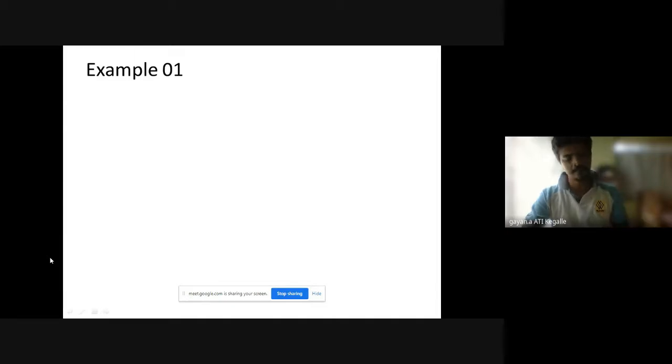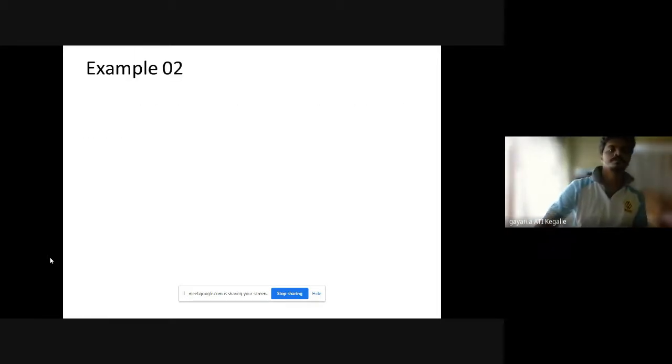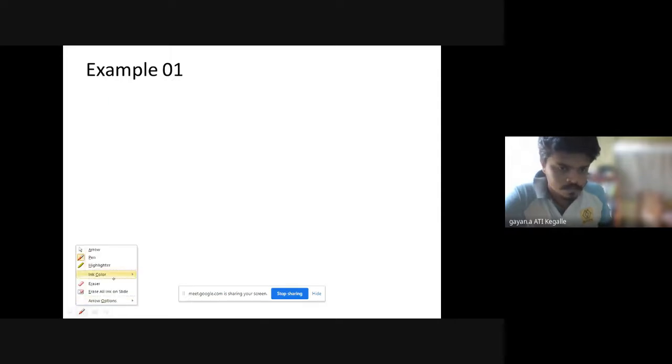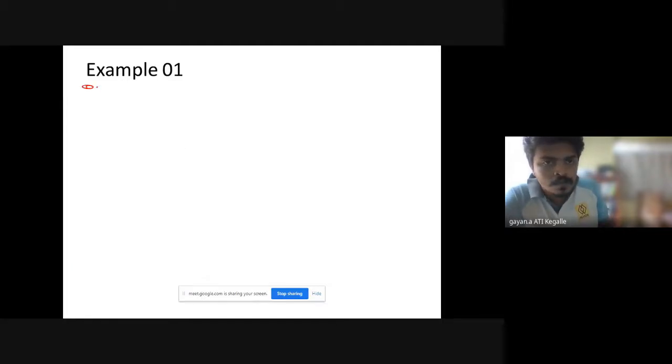Then let's see some examples. Here as first example, let's see. Opening stock $10,000.